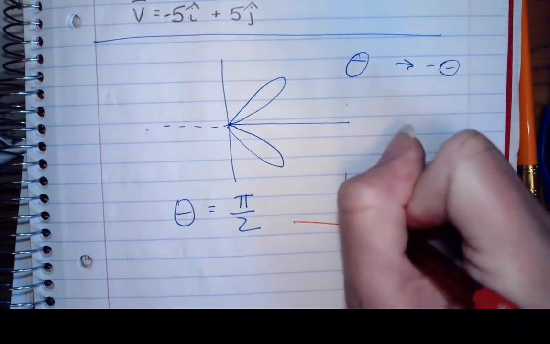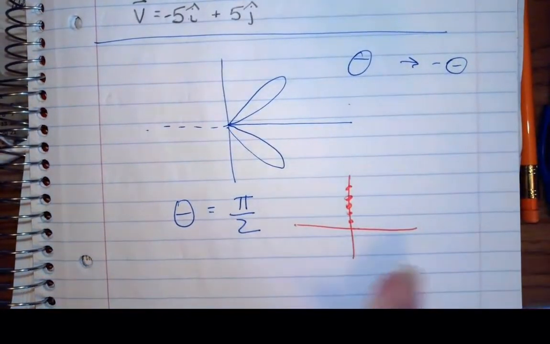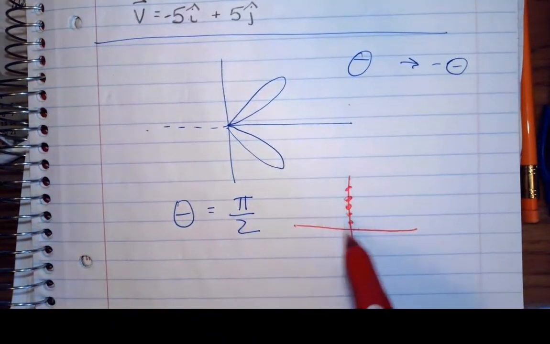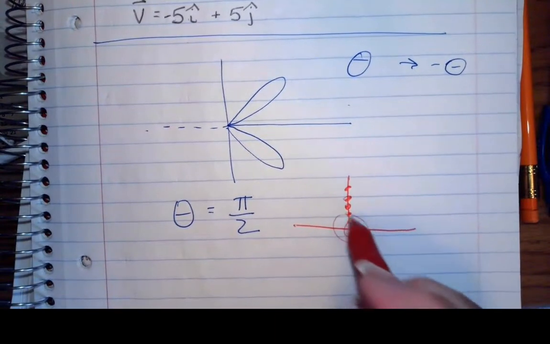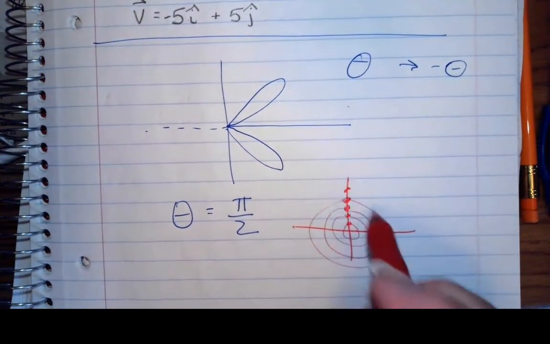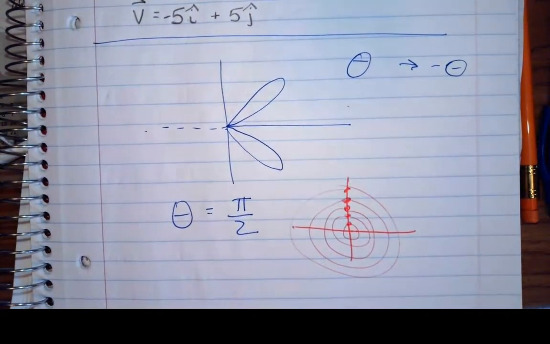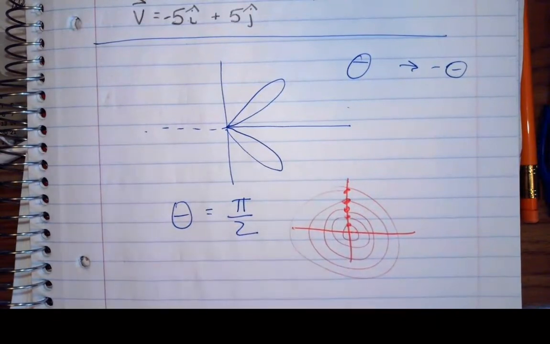All of these points are pi over 2 away from the polar axis, because remember these are all concentric circles. I find out what my radius would be first, and then I swing out pi over 2. This is the collection of all points that are pi over 2 away from the polar axis.